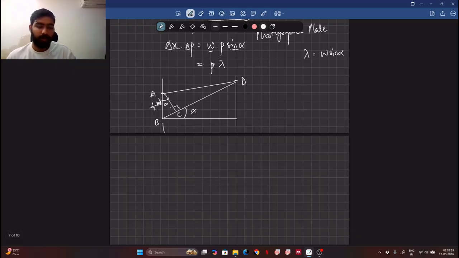So in this case, AD is equal to CD. So we have AD approximately equal to BD, and half lambda is assumed to be the first minimum.